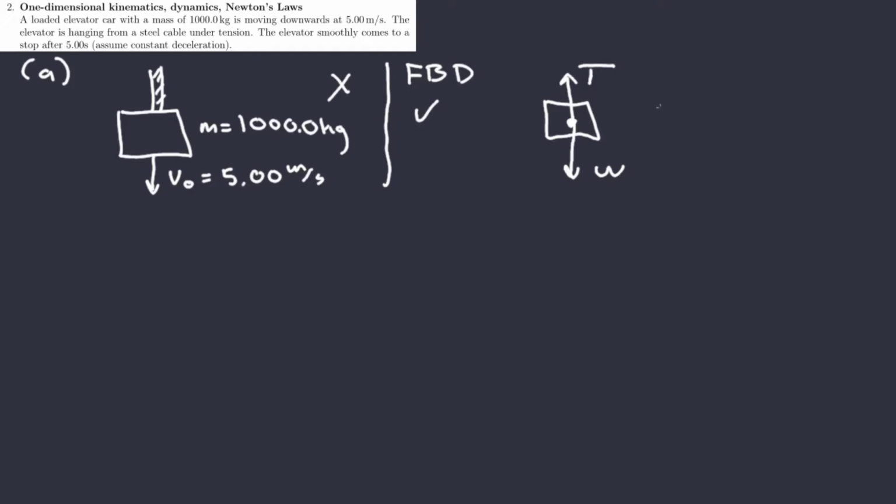So next we're told to find which direction the acceleration is going. So we're starting with a downward velocity, or a negative velocity, and we end at rest. V final equals 0 meters per second.